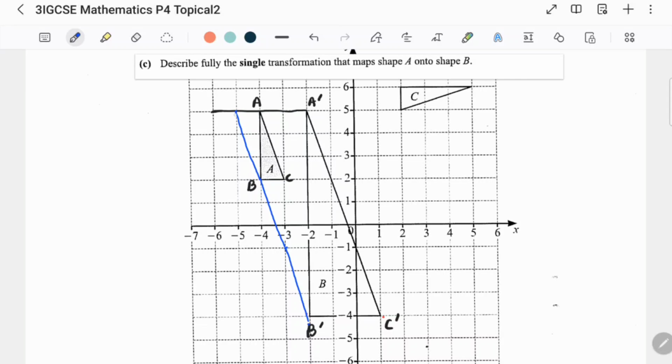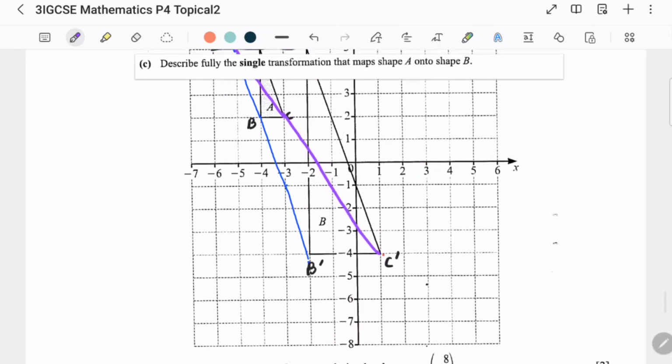Now the next one, C to C prime. So we can see that A to A prime, B to B prime and C to C prime, they all are meeting at one point. That is the center of enlargement.